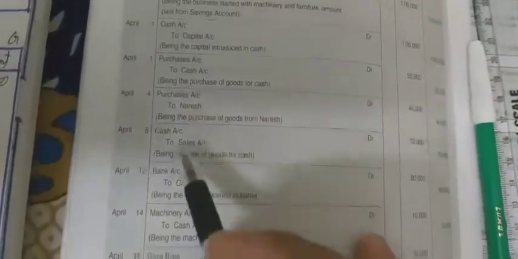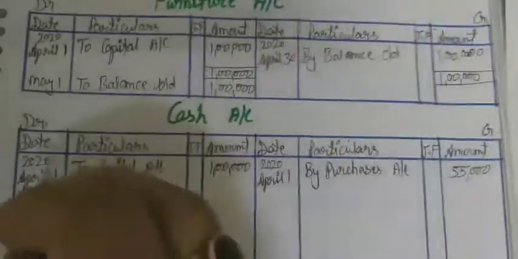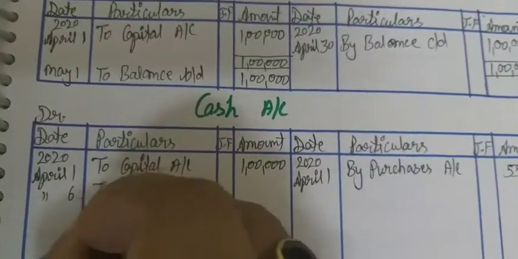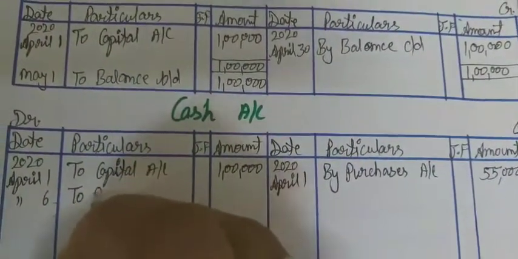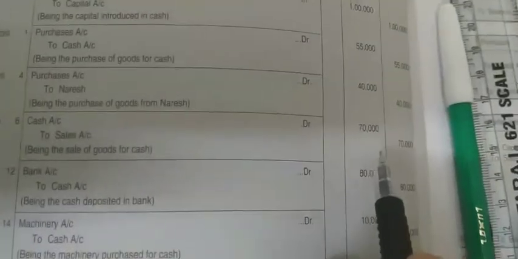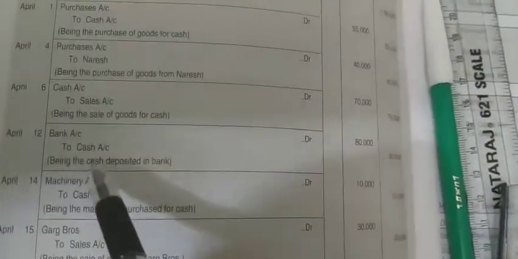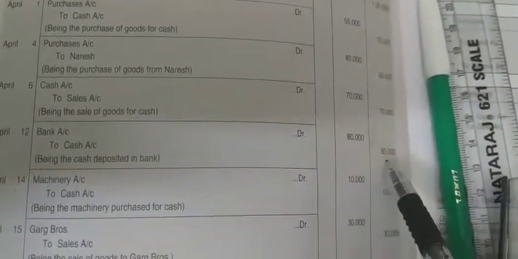Next one, cash is debited by rupees 70,000. On April 6th, it was sales in cash. So the cash account is debited with sales, that is 70,000. Next, cash is credited with rupees 80,000 with the bank account on April 12.